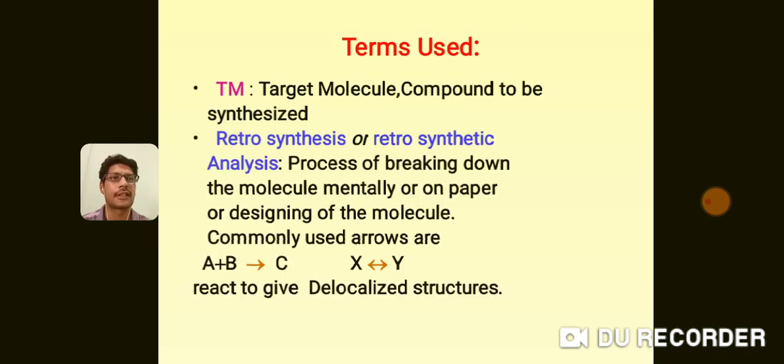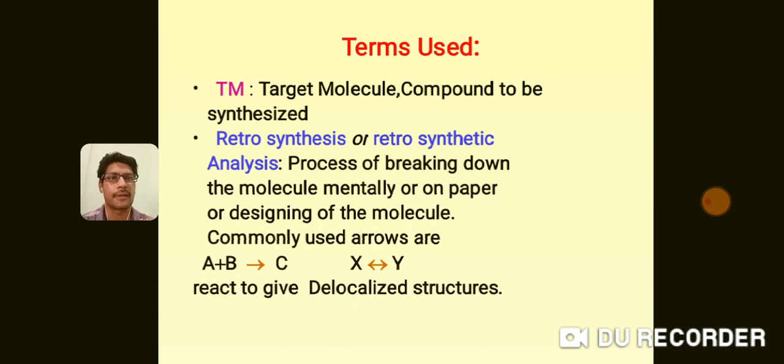Terms used in retrosynthetic analysis: the target molecule is the compound to be synthesized. Retrosynthetic analysis is the process of breaking down the molecule mentally or on paper, or designing the molecule, commonly using arrows.